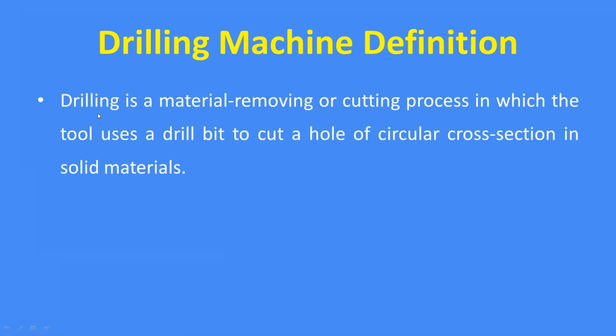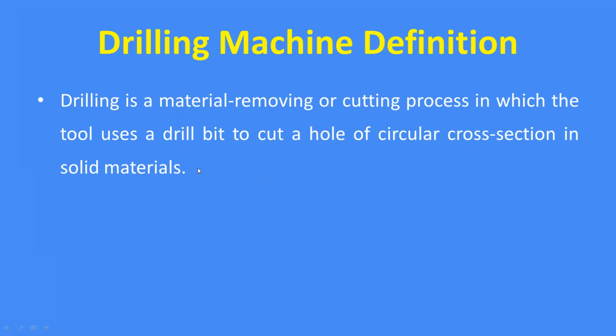Now let us see the definition of this drilling. Drilling is a material removal or cutting process in which the tool uses a drill bit to cut a hole of circular cross section in solid materials.